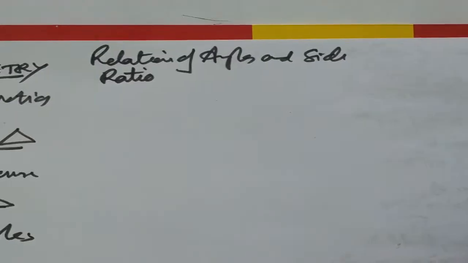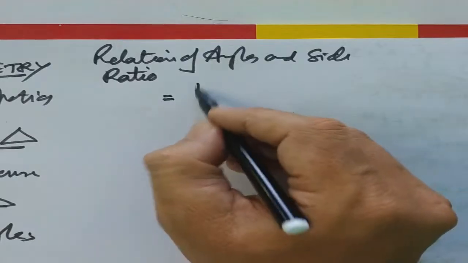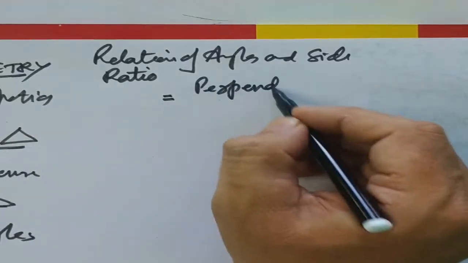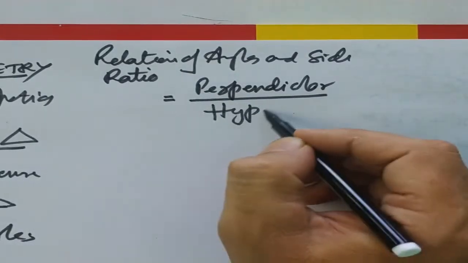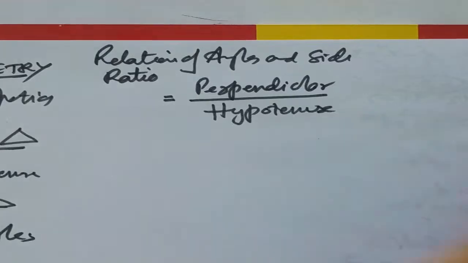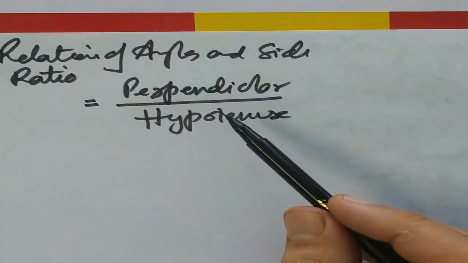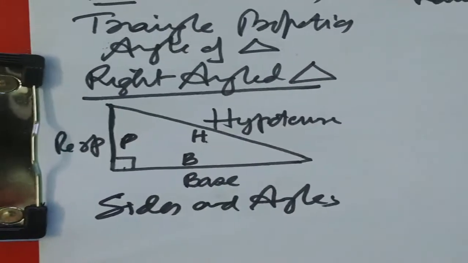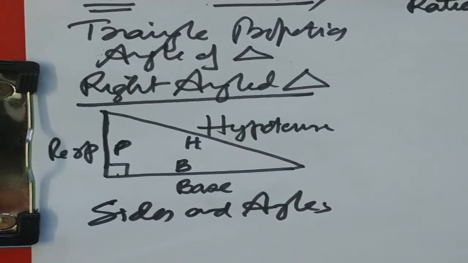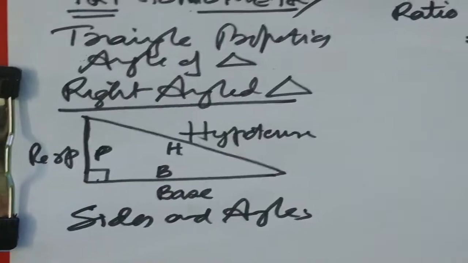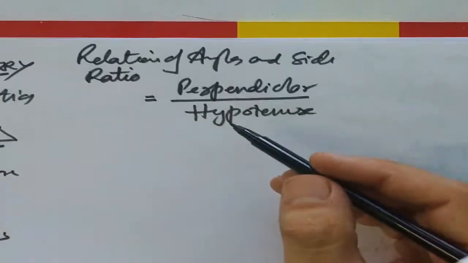The first ratio is the ratio between perpendicular and hypotenuse. Remember, a ratio is written as a fraction. Perpendicular and hypotenuse mean the right angle triangle. So the length of perpendicular and hypotenuse could be anything, but when you find a ratio between perpendicular and hypotenuse, it is the first ratio.